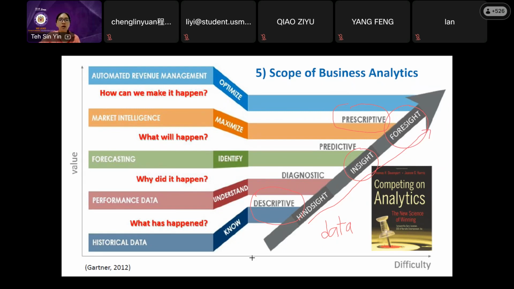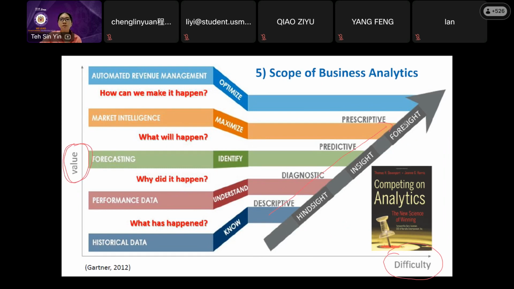Strategic foresight is about the future: predicting and forecasting the future. I hope you are very clear with this. There is one extra piece of information you need to understand. When you move from descriptive to prescriptive, the level of difficulty increases, and the value also increases.